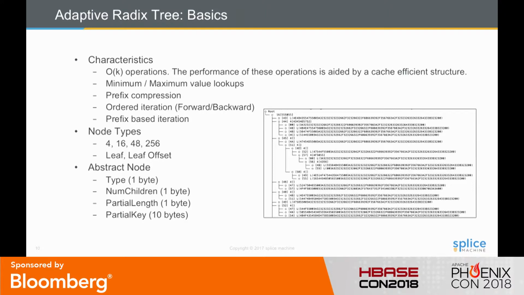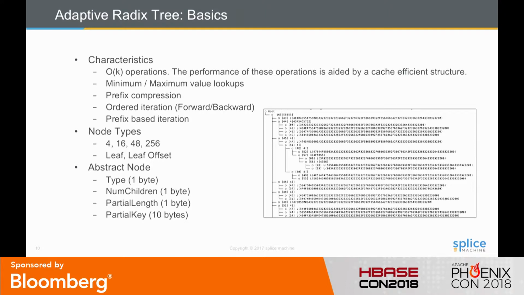So every node of the 4, 16, 48, and 256 has a type that tells you, hey, I'm 4, 16. It has a number of children, somewhere between 0 and 256. Now, obviously, node type 4 can only have 4 max, 16 max, 48 max, and 256 is obviously the max you can have for a byte.